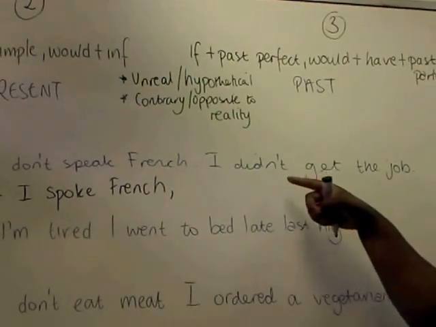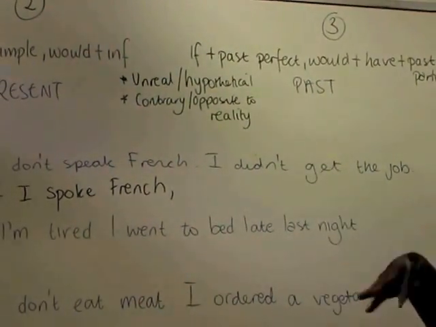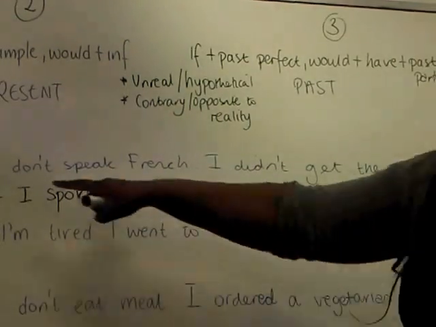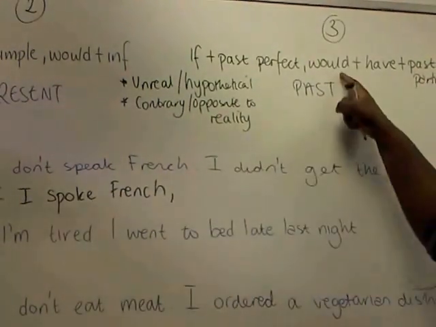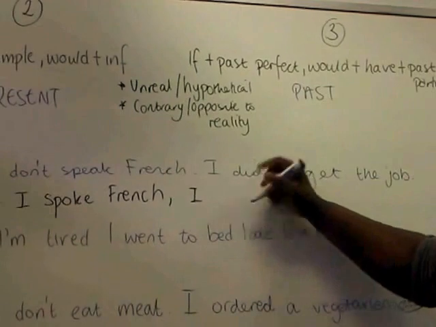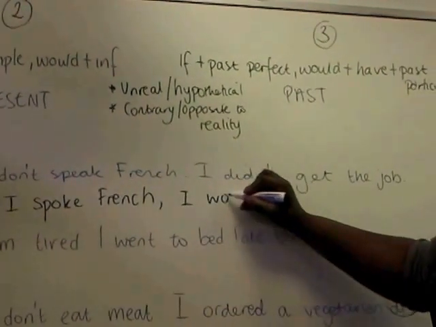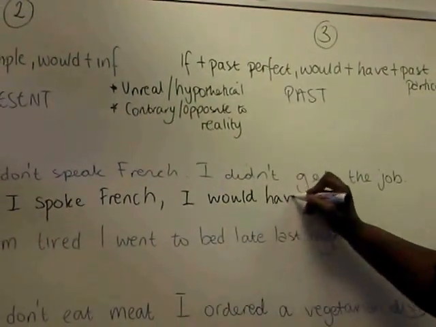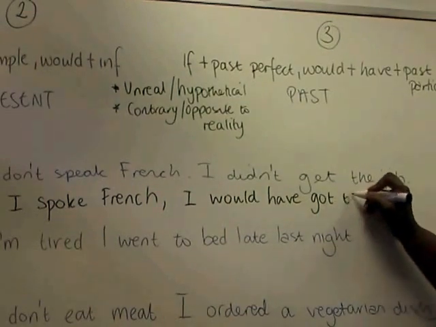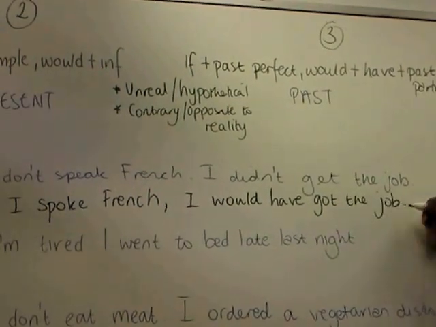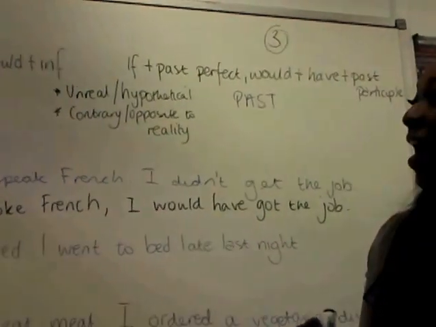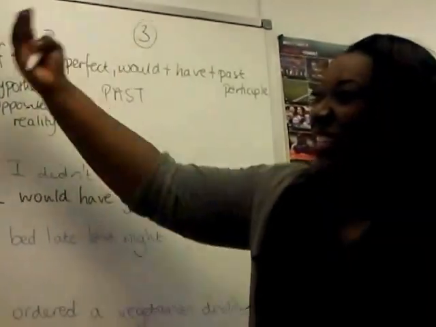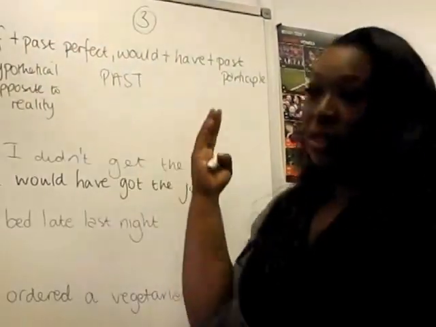This is negative. My conditional has to be positive. So, if I spoke French, I would have got the job. I have mixed a second conditional with a third conditional.